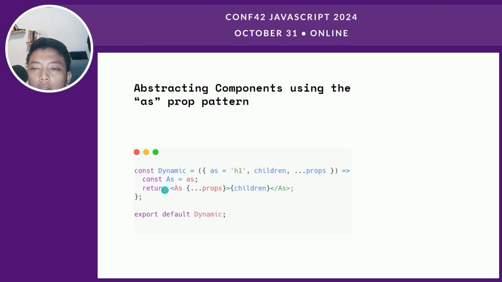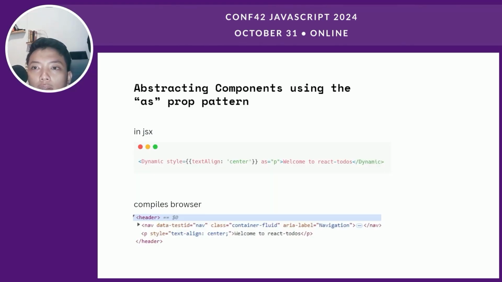For example, you can set the heading level to heading 1 in here, and then you can also change it to heading 2, etc. We can see in the real demo after this. So bear with me. For example, in here we're adding dynamic style, and then in the browser it will tell you that this is a paragraph element, which is cool.